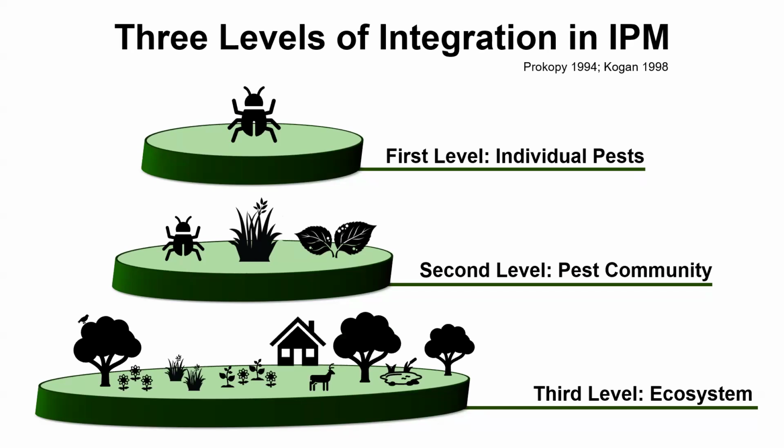We're thinking about all the different plants and animals that make up a particular area and how they could be impacting each other, impacting the overall health of certain plants in the ecosystem as a whole. And so we hope to maneuver ourselves to think at the ecosystem level. And sometimes we need to zoom in to really focus on a particular pest that's causing a lot of issues.